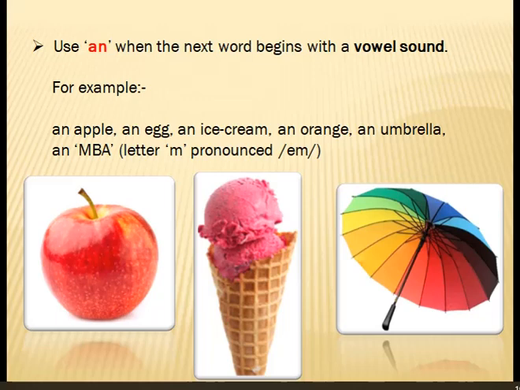So with these words we are going to use article an: an apple, an egg, an ice cream, an orange, an umbrella, an MBA. So these words begin with a vowel sound. So that is why we are going to use article an. I am emphasizing on the sounds. Here we should remember it is not about letters, but it is about the sound a word makes.